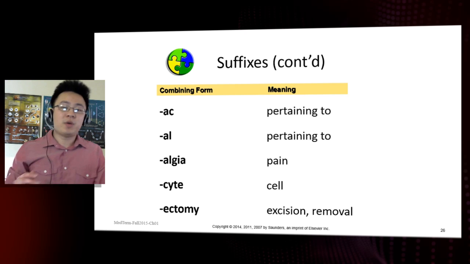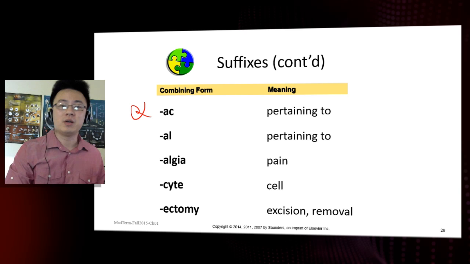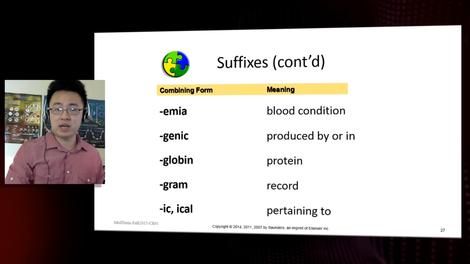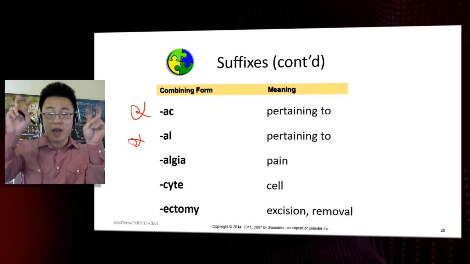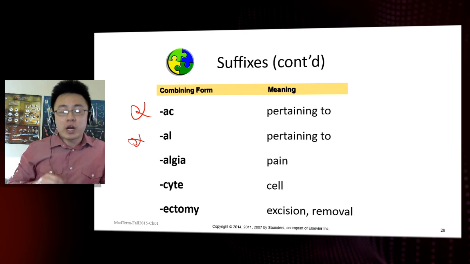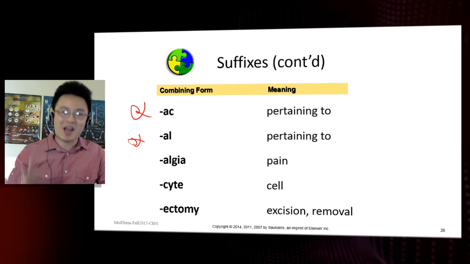Now, here are some annoying suffixes in my opinion, but you've got to know them nonetheless. Here's one. Ac means pertaining to, and al also means pertaining to. Please add this to your list of word parts that mean pertaining to, because you're going to have a long list. There are so many of them out there, and you're probably looking at me going, why can't people just decide on one suffix that means pertaining to?